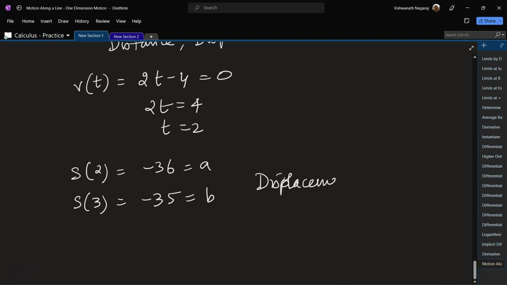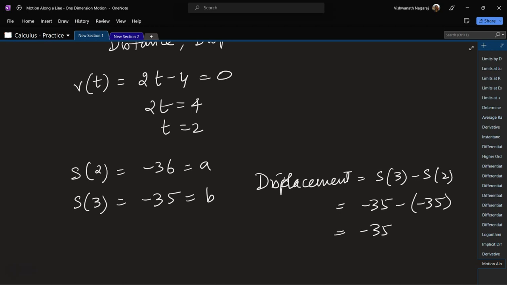So displacement is going to be S of 3 minus S of 2, which gives us minus 35 minus, no, S of 2 is minus 36. So this will be 1 unit as the displacement.